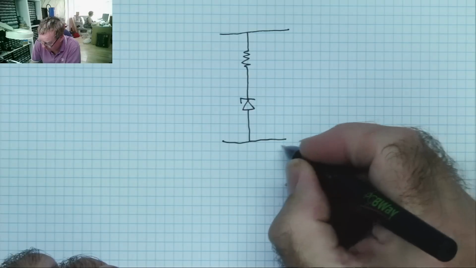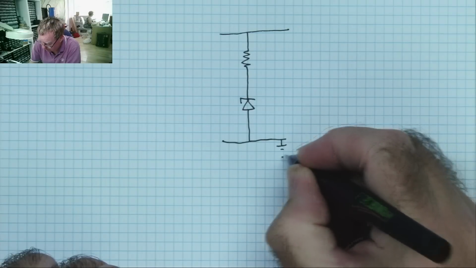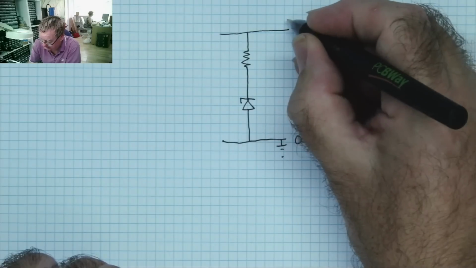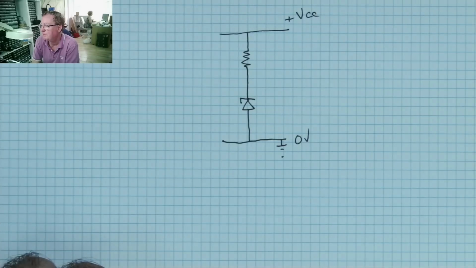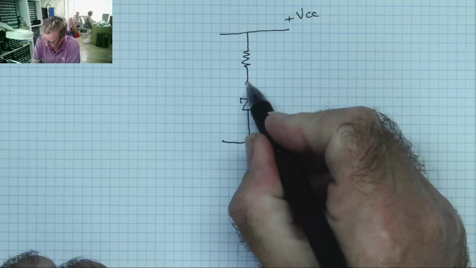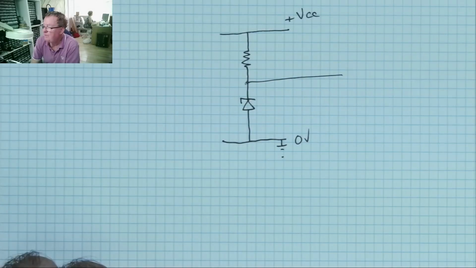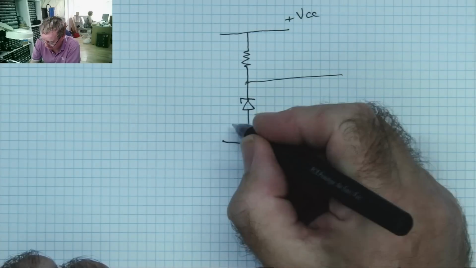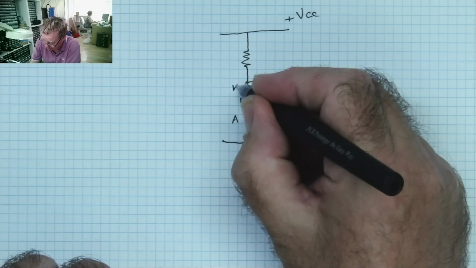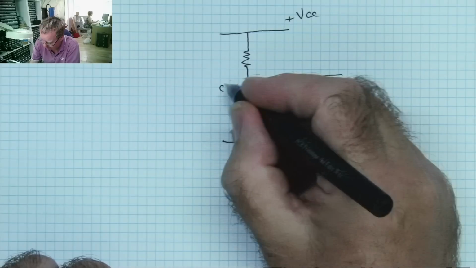This is ground, 0 volts, and this is plus VCC, supply voltage, okay? If we connect from ground to here, across the Zener diode, this is the anode, this is the cathode, C or K, whichever you prefer.